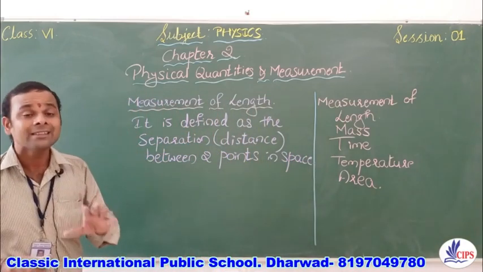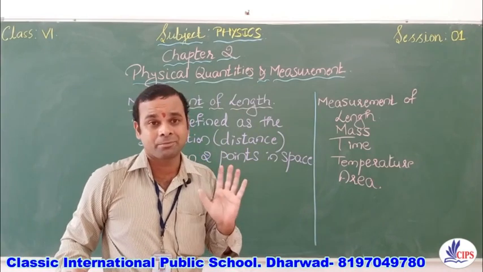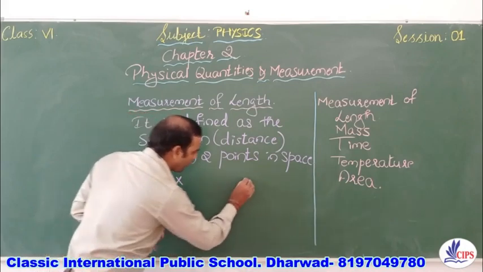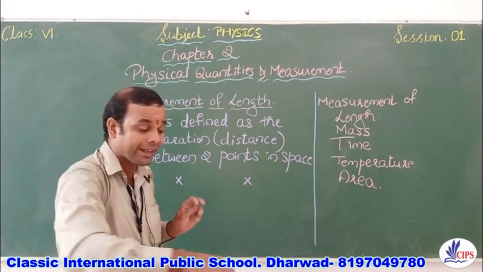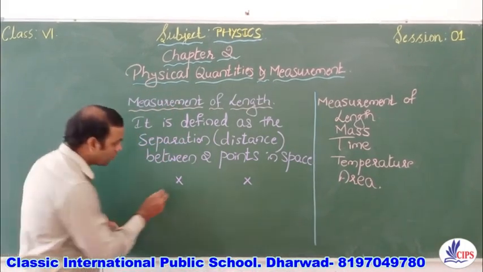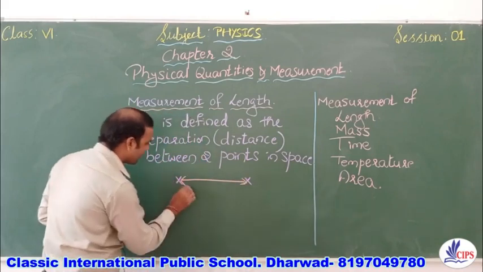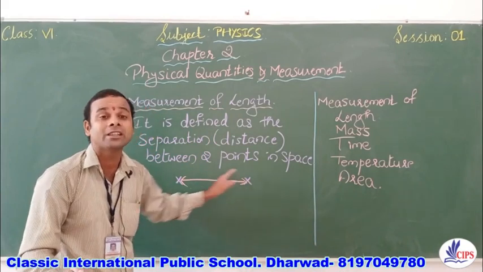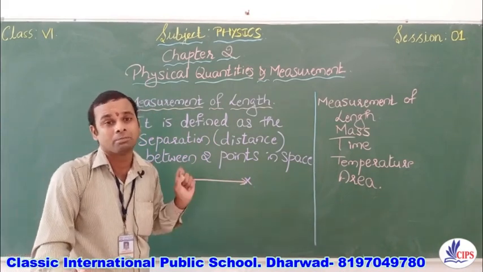Okay, so length is nothing but the separation between 2 points in space. Clear? Right. Suppose you have 2 points here and here. These are the 2 points in space. So now what is the length? This separation from here till here, you have to make a measurement. This separation between these 2 points is known to be the length of that particular object.